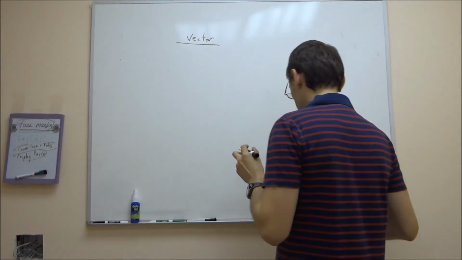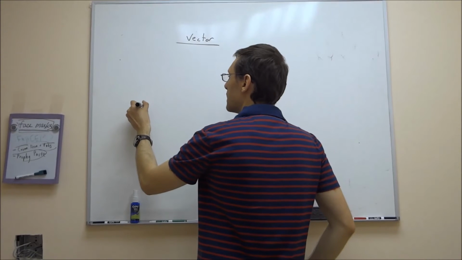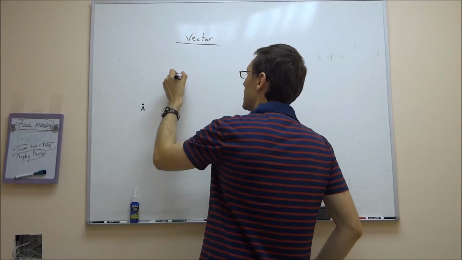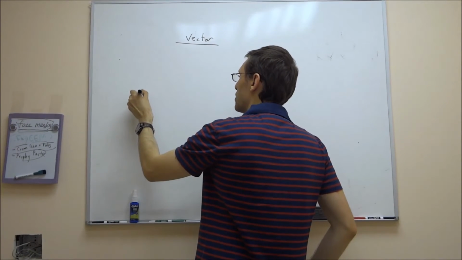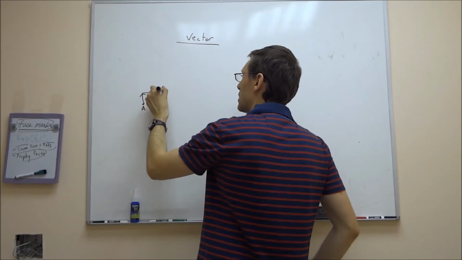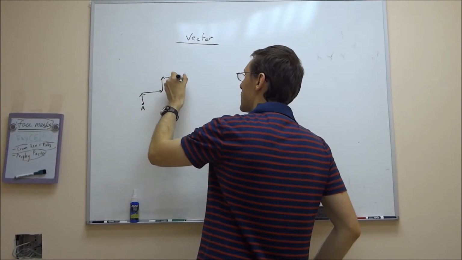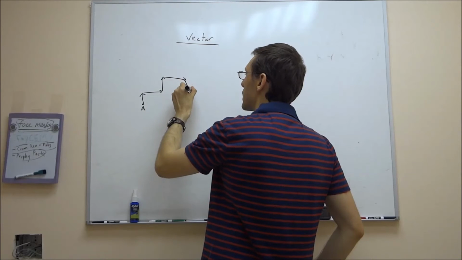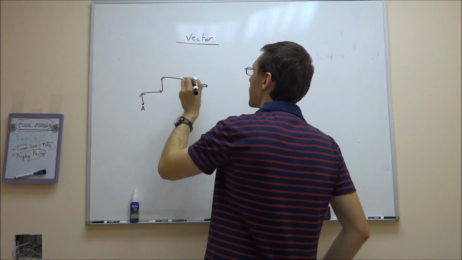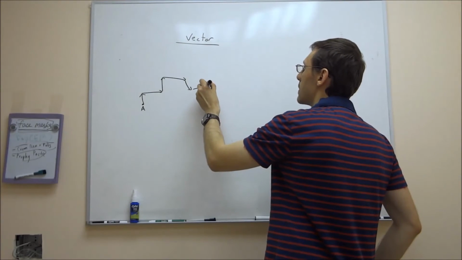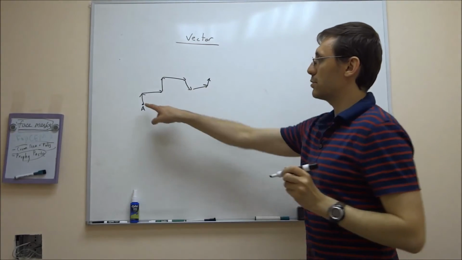So you take the point A and you take this complicated route. So imagine you travel like this.